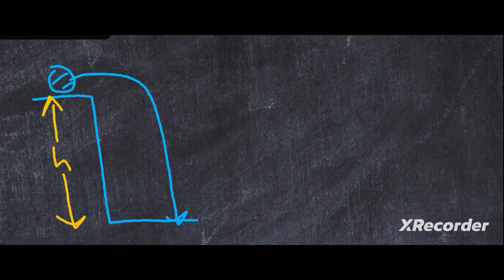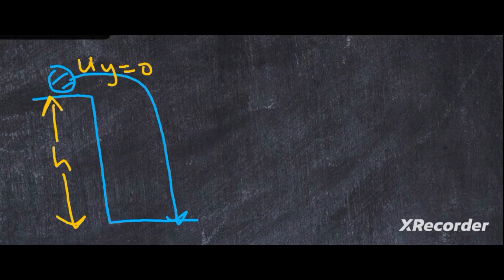Height is found in the y-axis. So we need to understand that the initial velocity in the y-axis is therefore equal to 0.